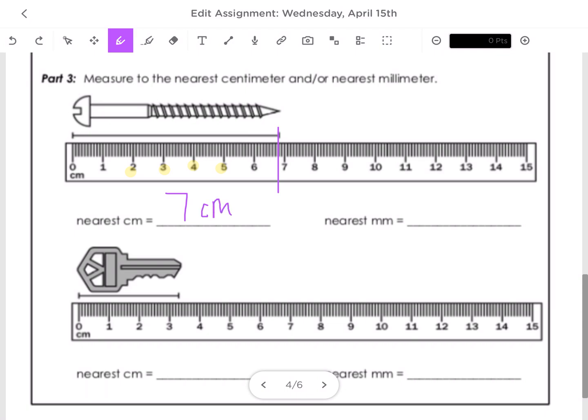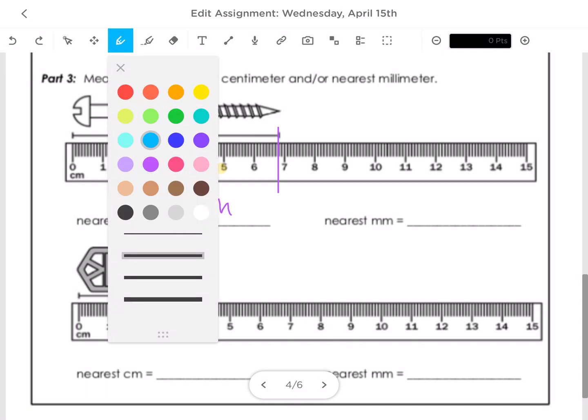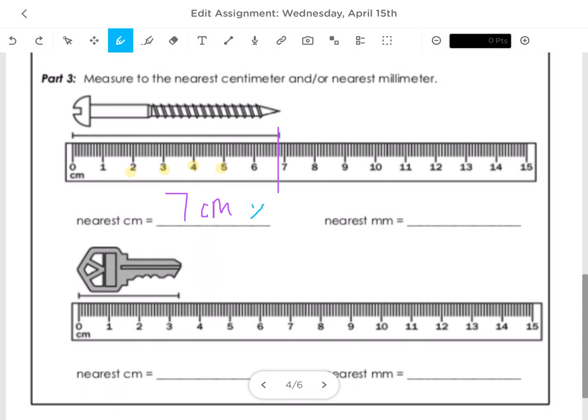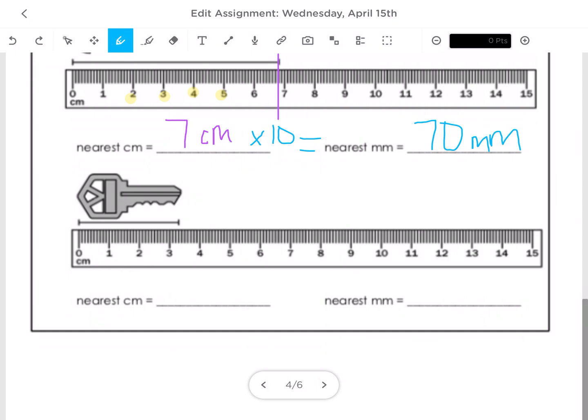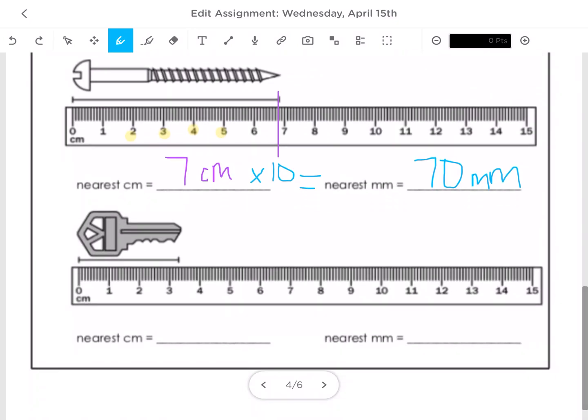If we know that it's closest to 7 centimeters, we know to get our millimeters, we take it times 10. That's going to give us this answer over here. So the closest it's going to give us is 70 millimeters. You're going to do that for this measurement here.